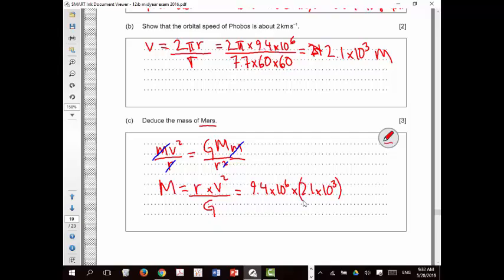You really should use the unrounded value here. I'm not going to because I haven't written it down. Divided by 6.67 times 10 to the negative 11, the universal gravitational constant, which is provided in your data booklet, by the way.